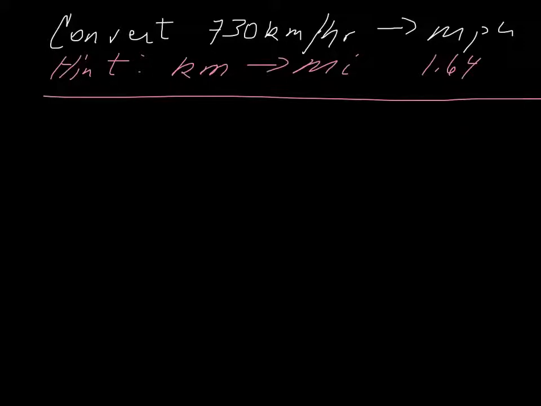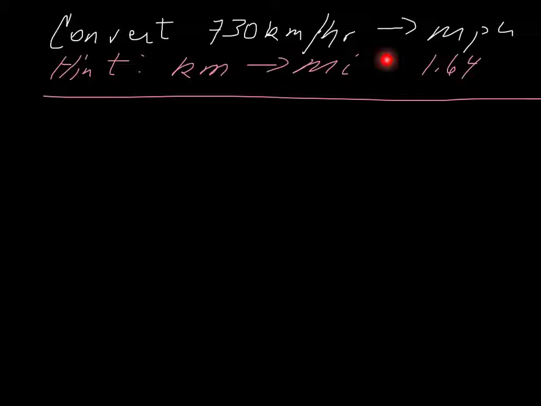Now we're going to have two different units we're playing with. We're going from kilometers per hour to miles per hour. Okay, and here's a hint, right? Going from kilometers to miles, there's this 1.64 factor in there.